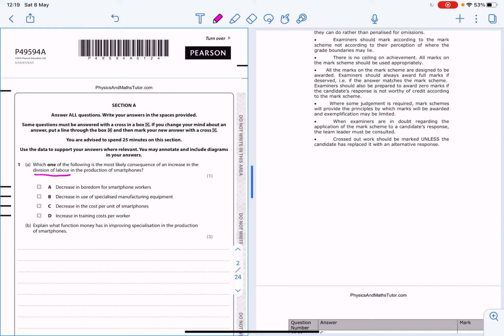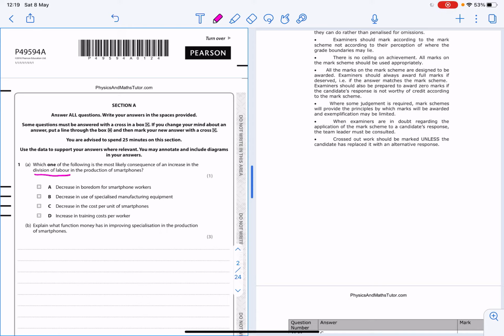You've got teachers specialising in one subject or 2 subjects. You've got the accountants, you've got the kitchen staff, etc. So that would be another way that division of labour happens. But in this sense, it's looking at production of smartphones. So that's most likely to be on a production line.